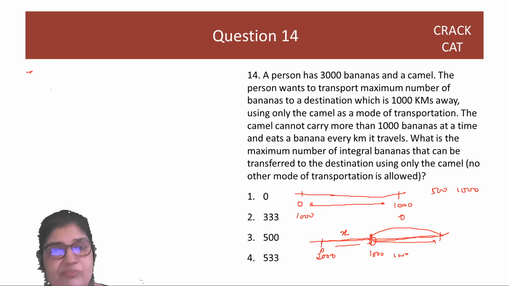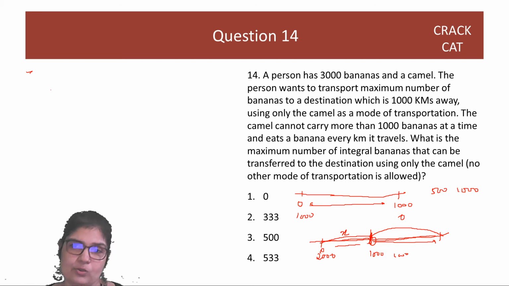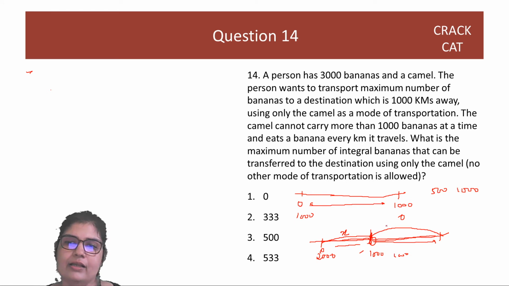So he picks up the first 1000 here, goes X kilometers, drops some of it. He can't drop all, right? Because he has to come back, so he needs another X to eat. And then he'll pick up the second batch of 1000, and he will go, so that when he reaches the point where he dumped earlier, what he has now and what he dumped will add up to 1000.